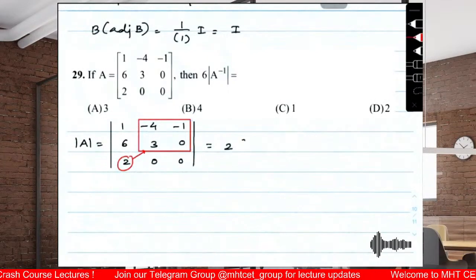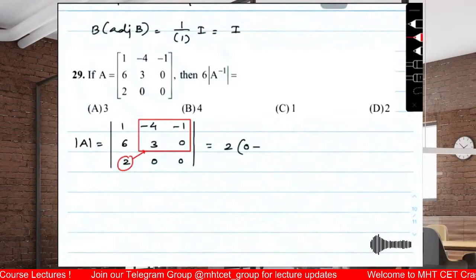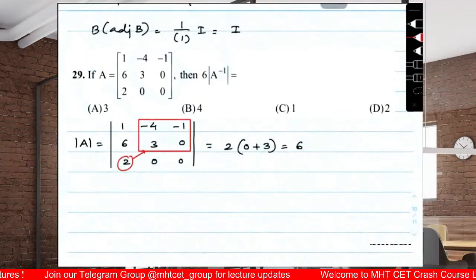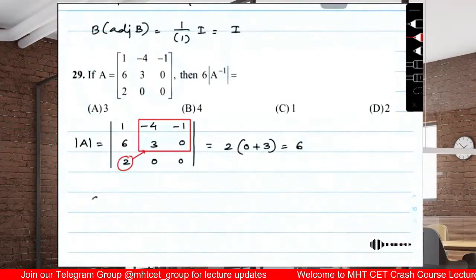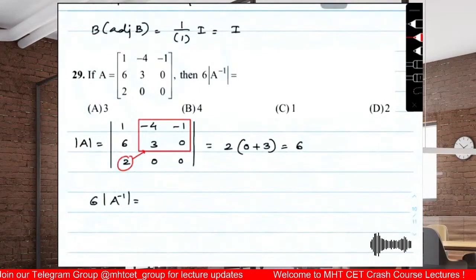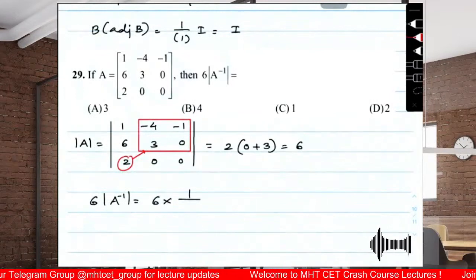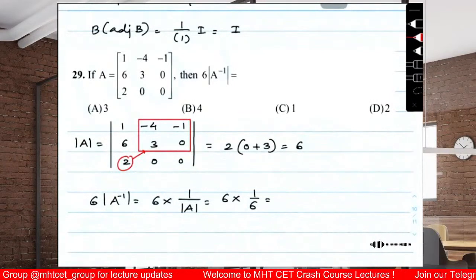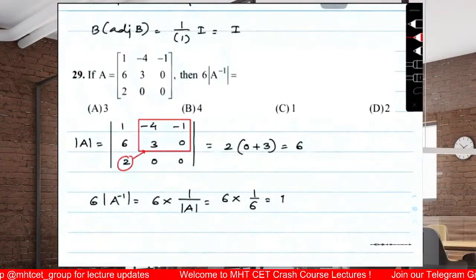Right, so this is 2 into 0 minus 3. That is 6. Correct. So 6 times determinant of A inverse will be same as 6 into 1 upon determinant of A. That is 6 into 1 by 6. That is 1. Option C.